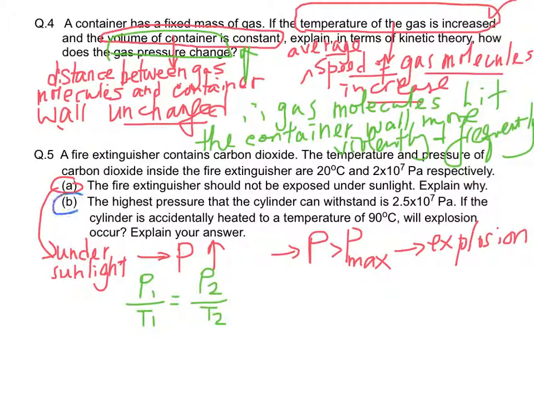For part B, since the volume of the fire extinguisher is constant, we apply the law P1 over T1 equal to P2 over T2.